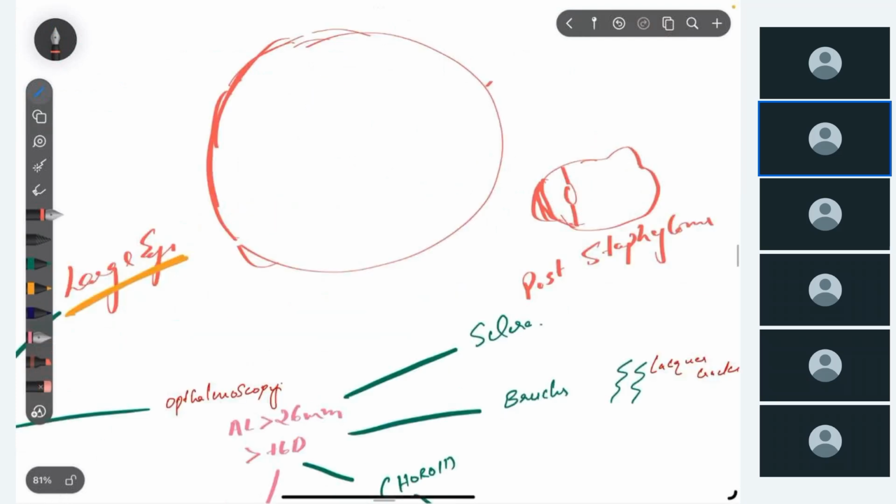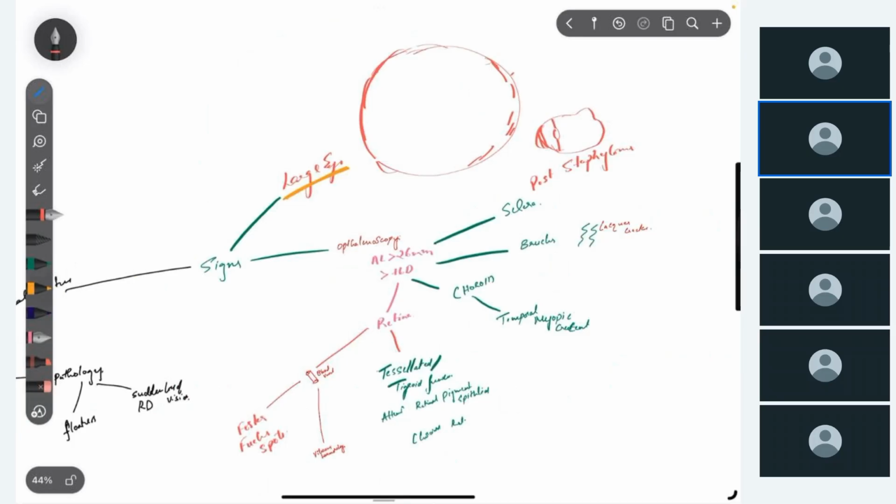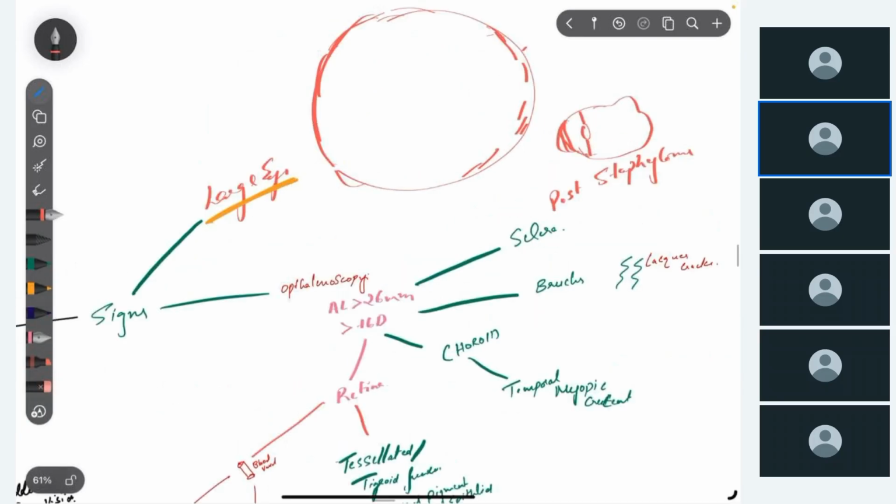This increasing size of the eye will stretch all three layers of the eyeball that we have already discussed, that is choroid, sclera, and the retina. This will produce various signs.